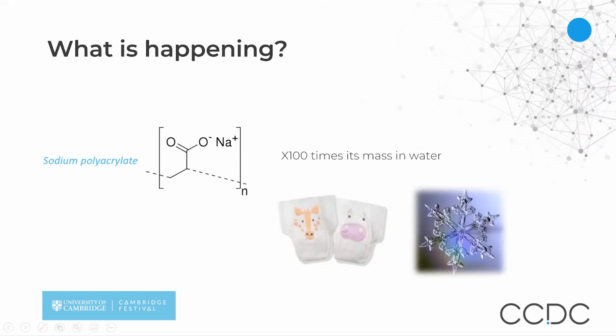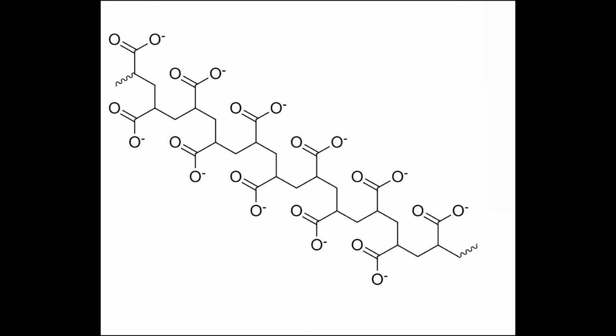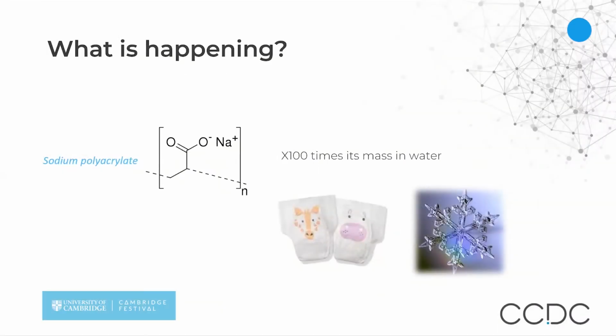Sodium polyacrylate is made of two parts, sodium and polyacrylate. Polyacrylate is a polymer, and polymers are made from joining lots of small molecules together, a bit like a chain of rubber bands. In this experiment, our polymer chain is made up of a chemical called acrylic acid joined together in a chain.